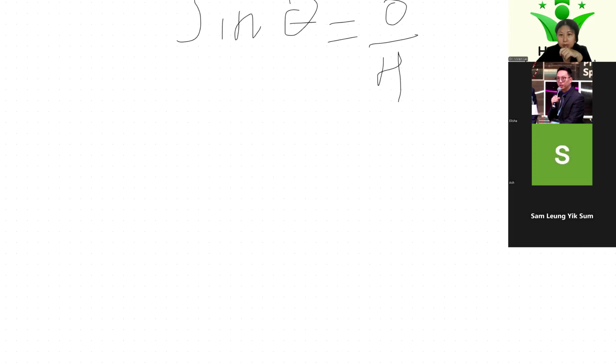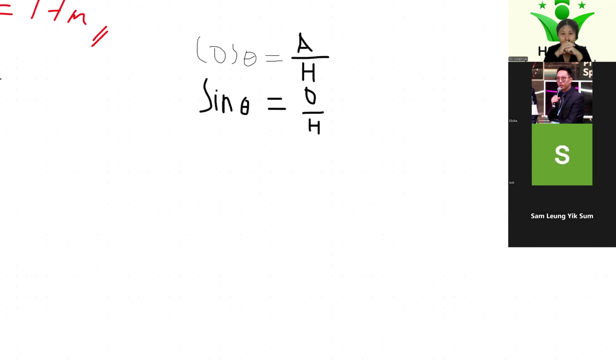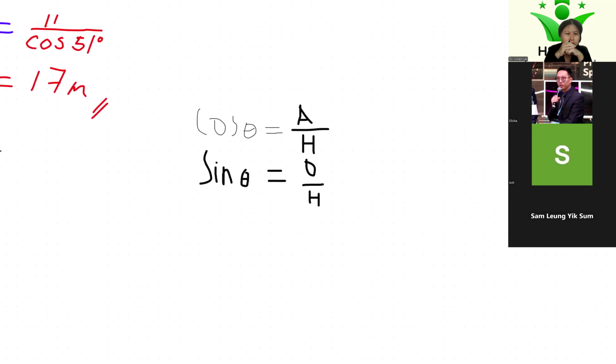I can't see it. Let me move up. Oh, I see something. Okay. Who wrote it? Good. Cosine theta equal to A over H. John, right? Okay.